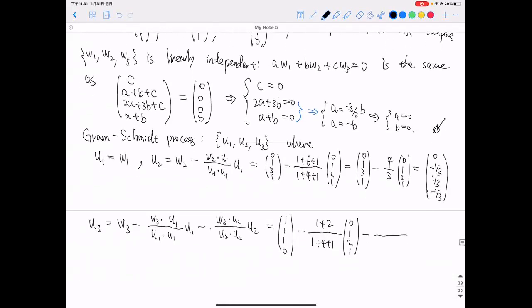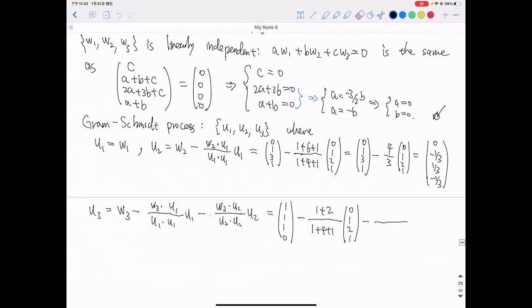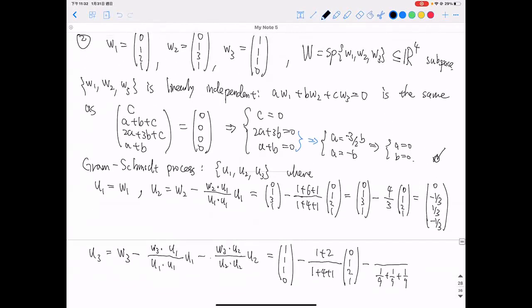This is U2, so that's going to be messy. So 1 ninth plus 1 ninth plus 1 ninth. That's U2 dot U2. W3 dot U2 is, well, let's see here. W3 is 1, 1, 1, 0, and dotting this, you get negative 1/3 plus 1/3.